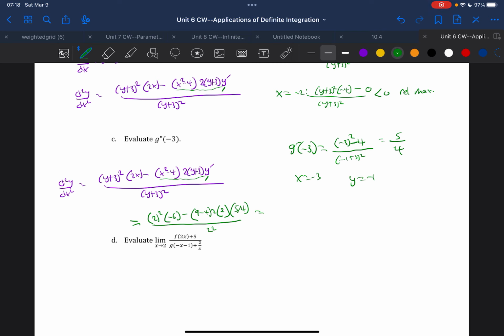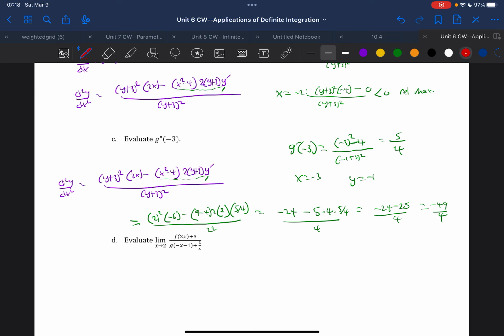So I get 4 times -6, I get -24, minus 5 times 2 times 2 is 4 times 5/4, all over 2 squared is 4. So I get -24 minus 25 all over 4. I get -49 over 4.